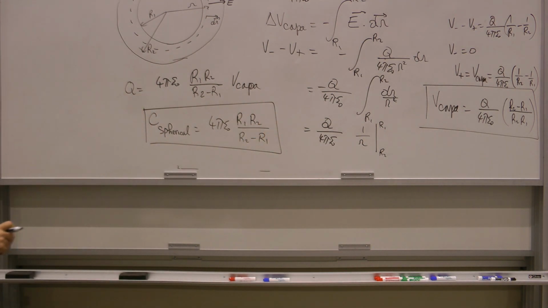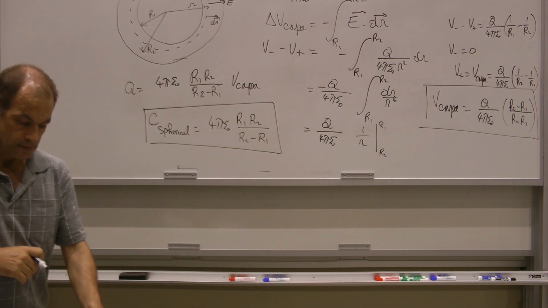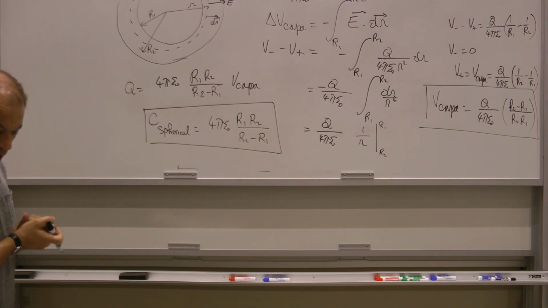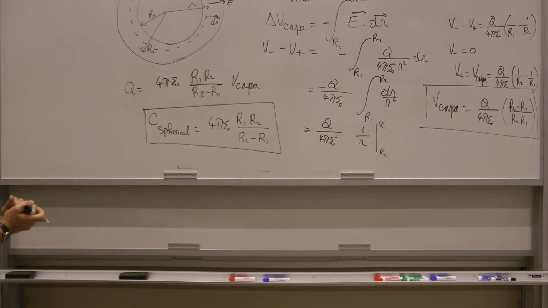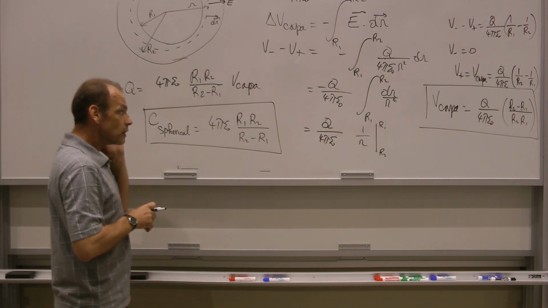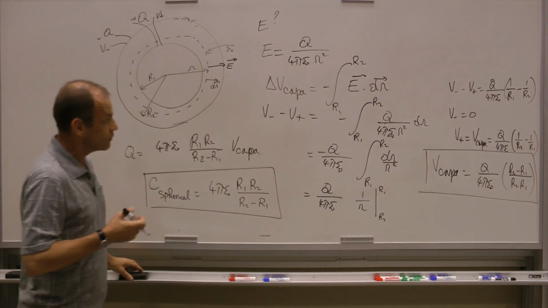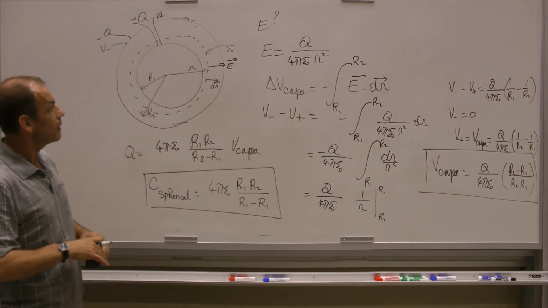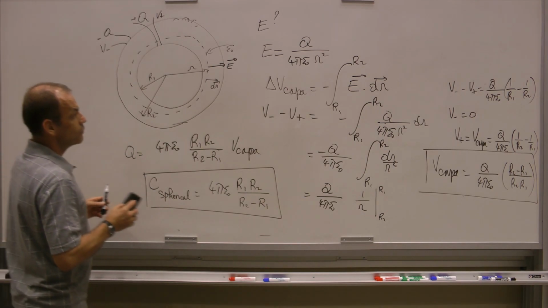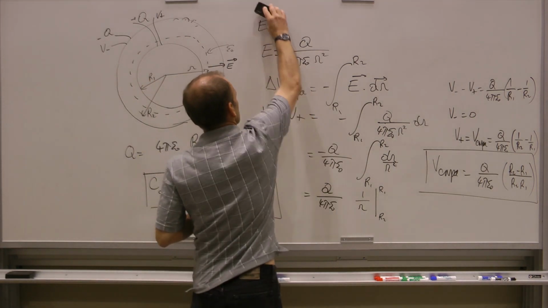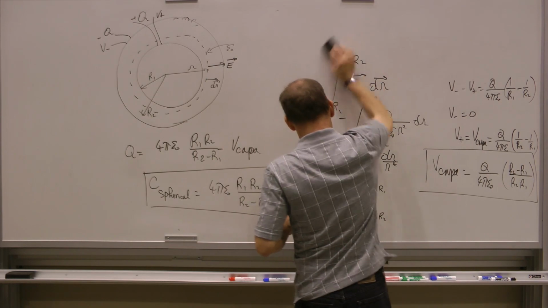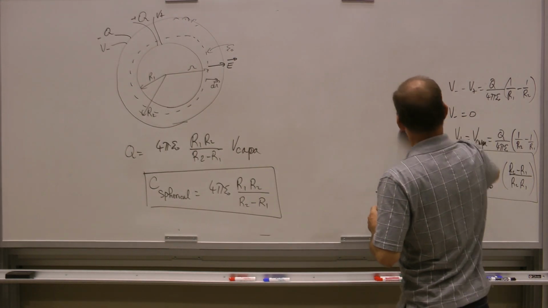Here it is. Kind of fairly simple expression. Of course, more complicated than a parallel plate capacitor. But now we can analyze what happens in certain situations, verify that the units are okay, etc. So let's erase this, and I'm going to erase the sign error that's somewhere buried in here.